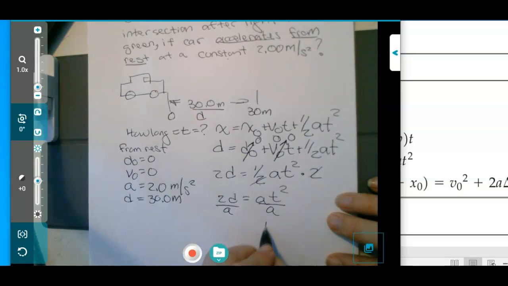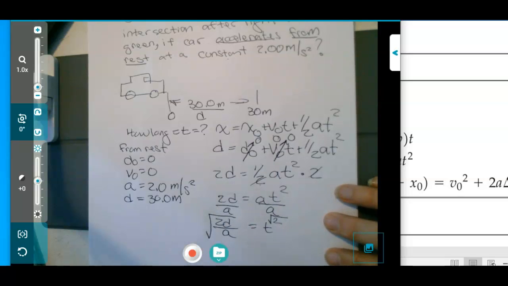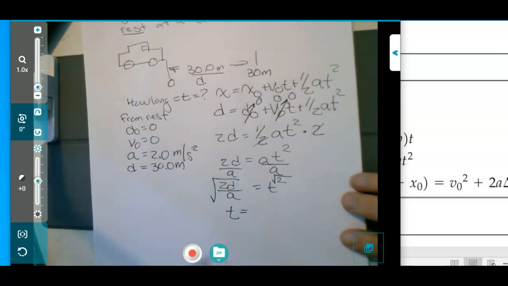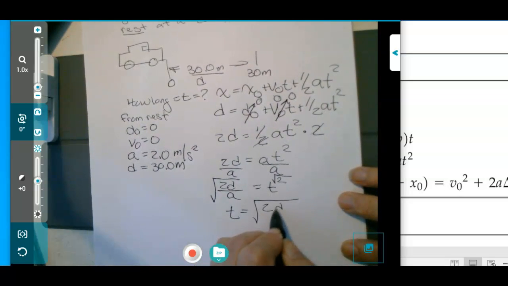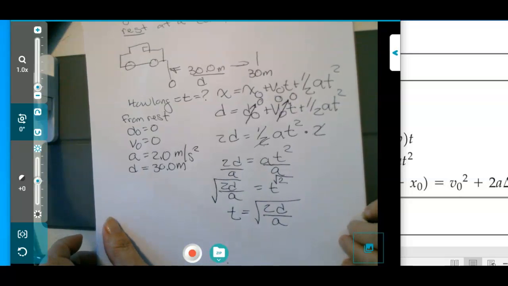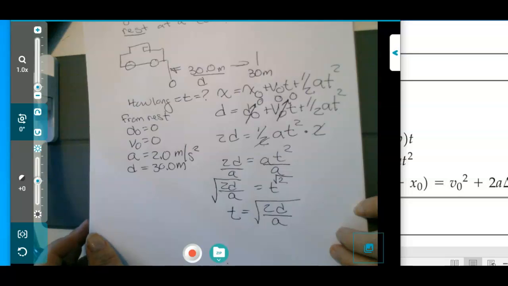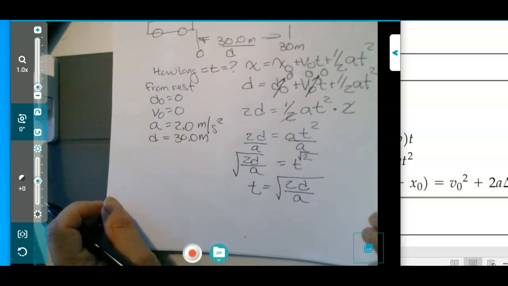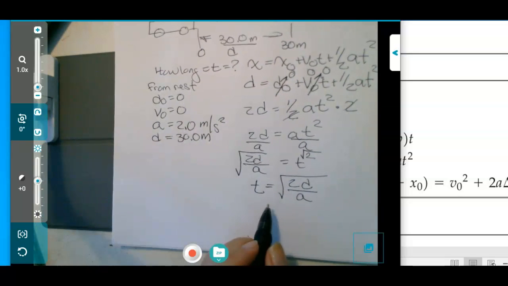And so it would be t squared equals 2d over a. You want t by itself, so this has to be square rooted. When I square root that side, I have to square root the whole side. And so then we're eventually left with t equals the square root of 2 times the total distance over the acceleration. So you want to make sure this is an equation we're going to use a lot, and we're going to use it a lot in this format.